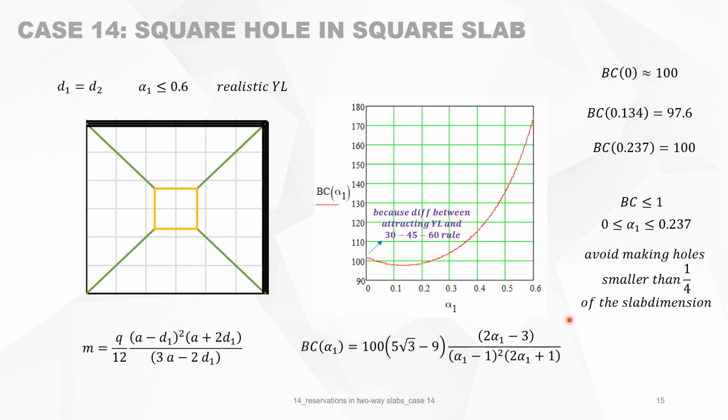In general, when you do not want even 1% loss of bearing capacity, we can say that you should just avoid making holes smaller than 1/4 of the smallest slab dimension. If you do that, then you are always safe. So the smaller the reservation, the worse it gets for your bearing capacity. But the difference is not much.